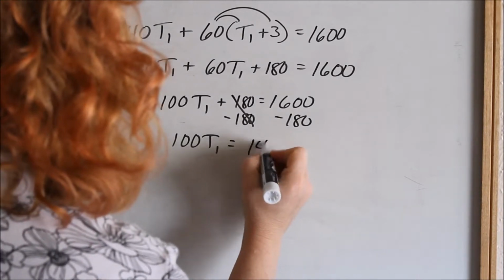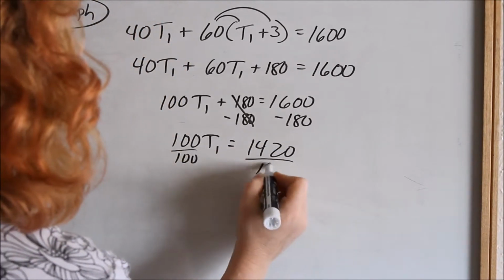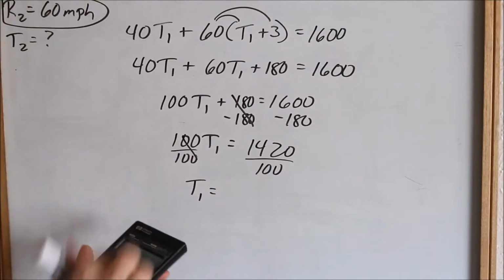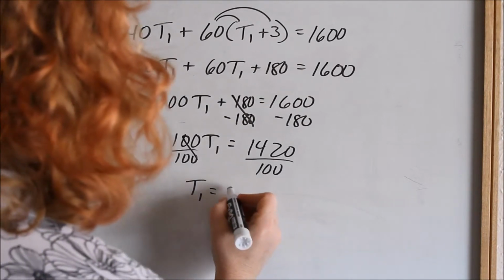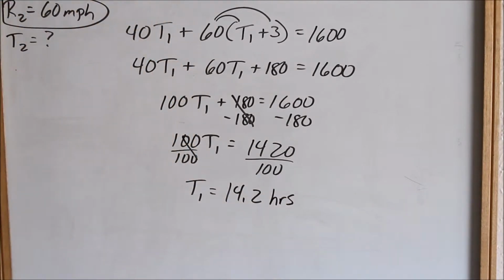Alright, 1420. And then divide both sides by 100. So my time for the first leg of the trip is 1420 divided by 100. And that comes out to 14.2, and it's going to be hours.